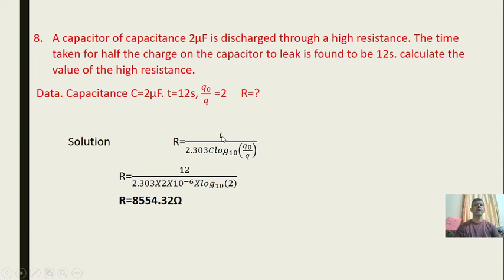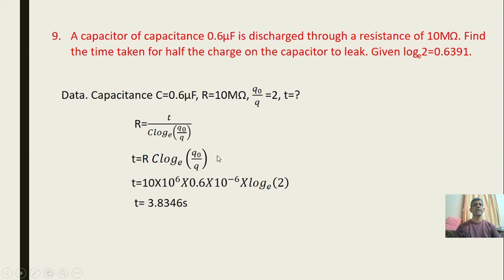Here given data, T is equal to 12 seconds, C is equal to 2 into 10 power minus 6, again Q0 by Q is 2. We will simplify this, you will get 8554.32 ohms.